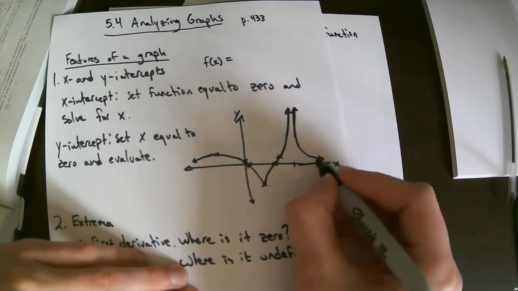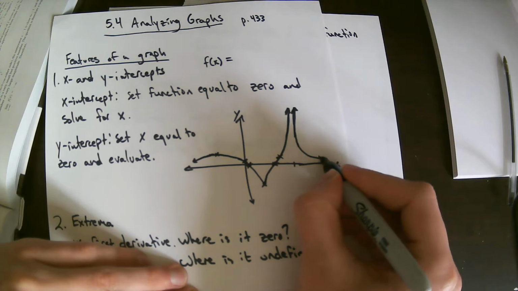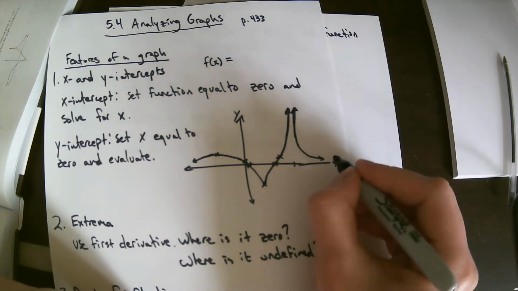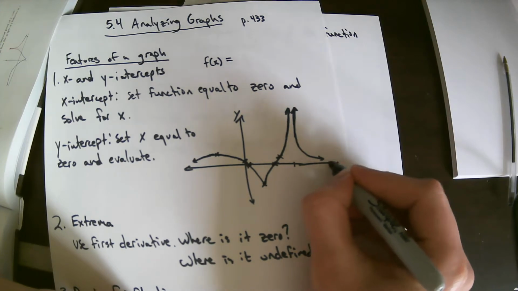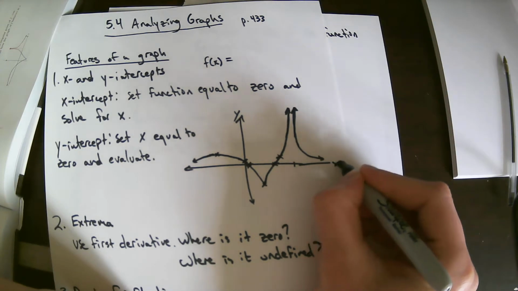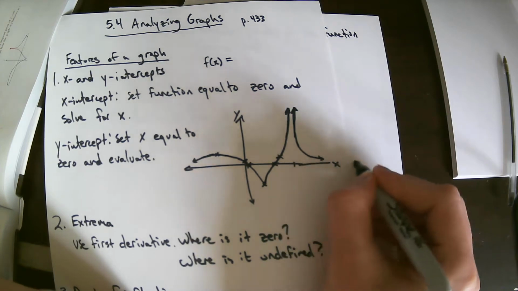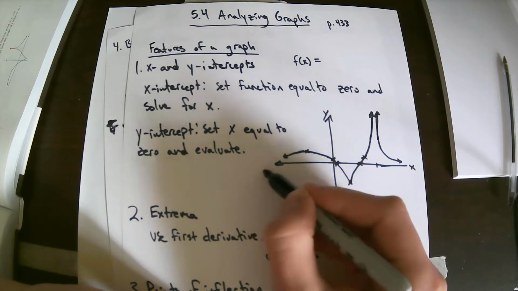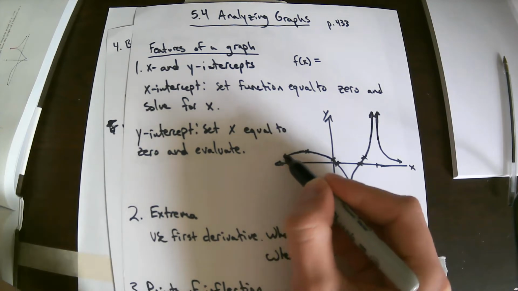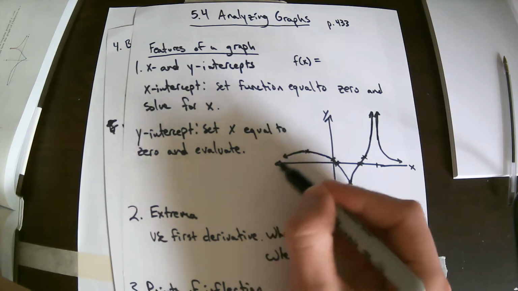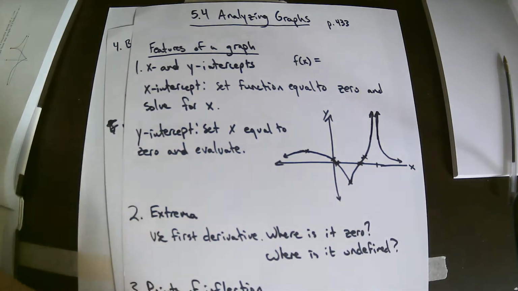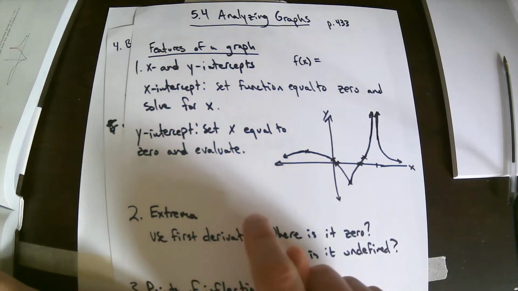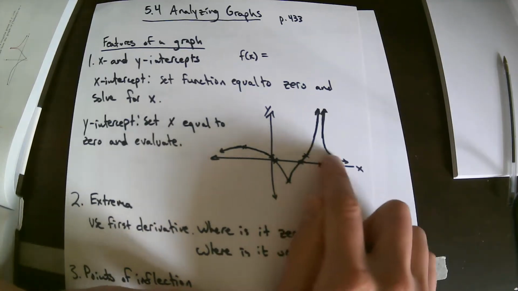So here it looks like this limit might be tending towards the x-axis, like the limit is tending towards 0, like there's a horizontal asymptote on this side. Whereas this limit is tilting down, this one looks like it's going off to negative infinity. Very slowly, but it is approaching negative infinity. In other words, there's no cutoff point where this thing is going to flatten off and approach a horizontal asymptote.